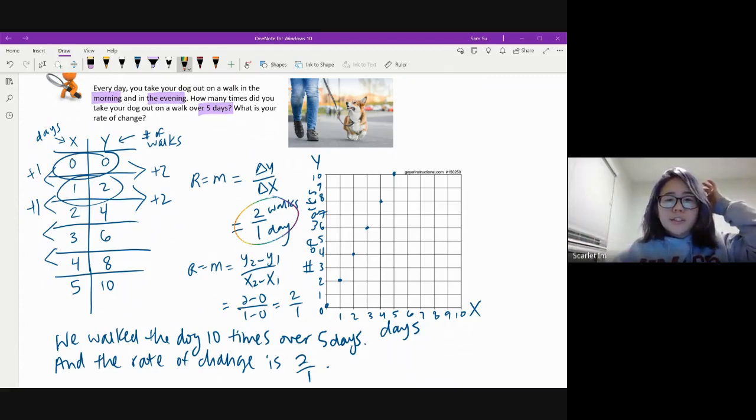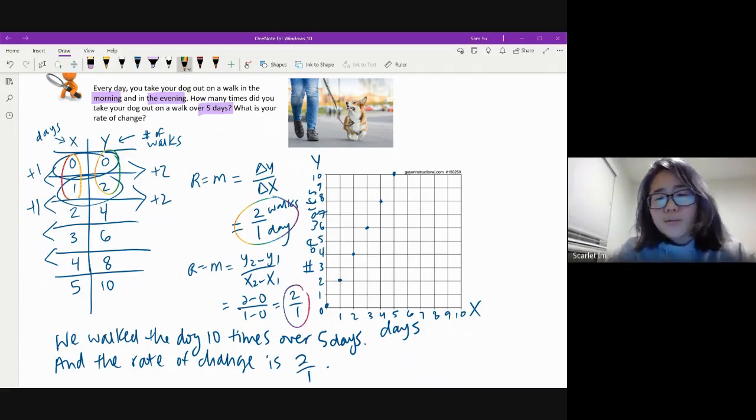We can also use the equation y2 minus y1 over x2 minus x1. I took 2 y values and subtracted them, 2 minus 0, and 2 x values, 1 minus 0, to get 2 over 1 again. We'll learn a little more about rise over run, if I was looking at this graph.